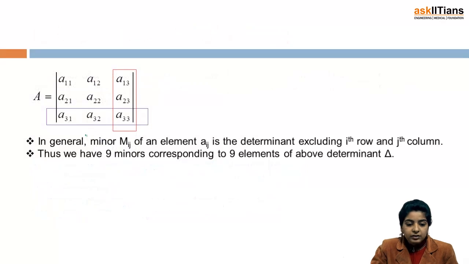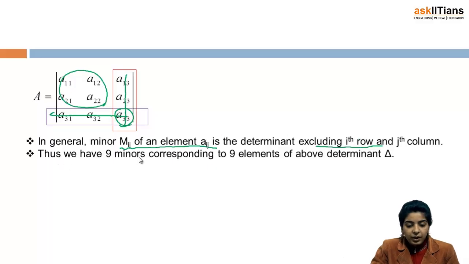So again, we have A equal to this. This is showing you that if you need to compute the minor of this, then you need to exclude this row and this column, and you get the minor. In general, the minor Mij of an element Aij is the determinant obtained by excluding the ith row and jth column.